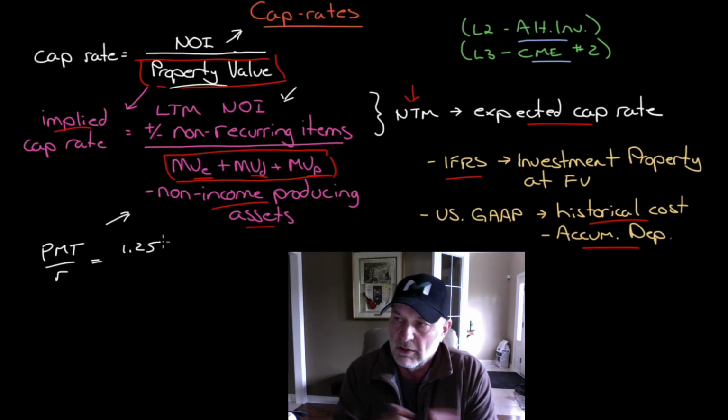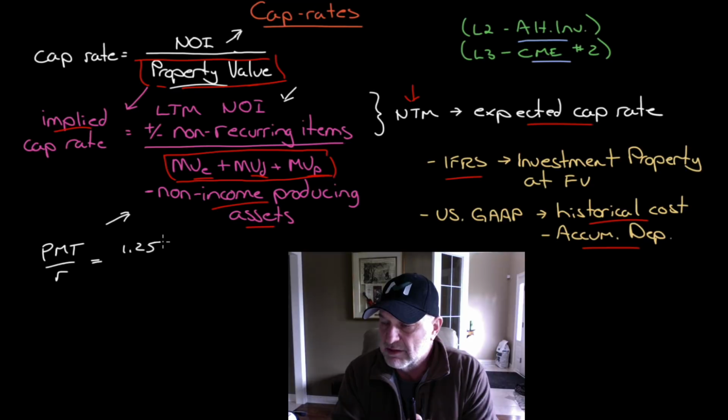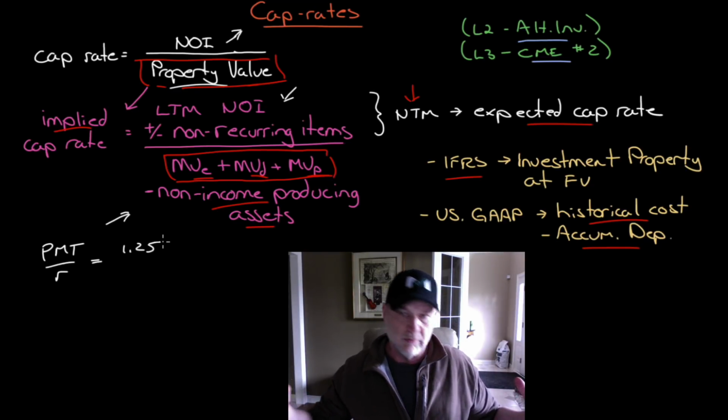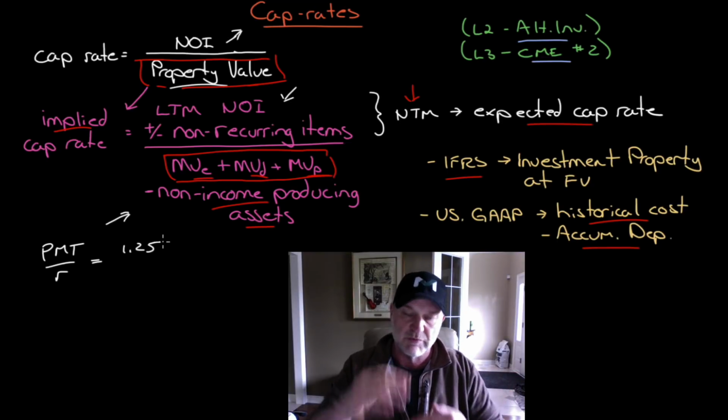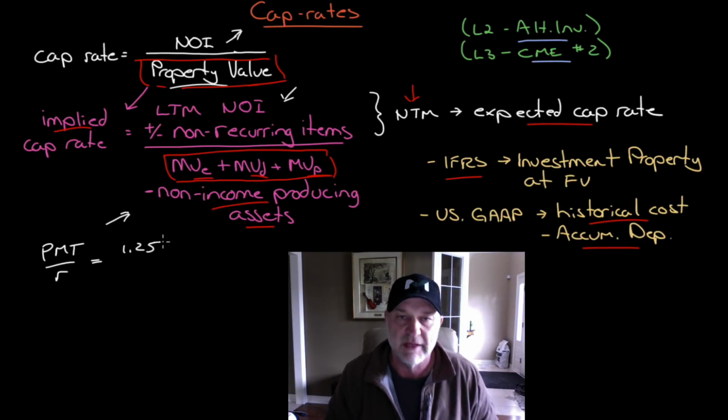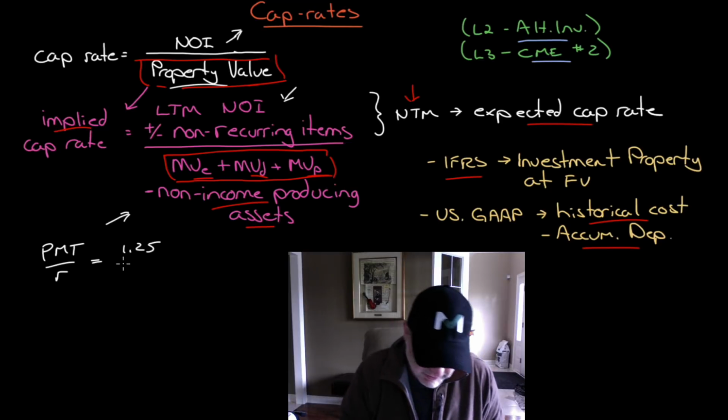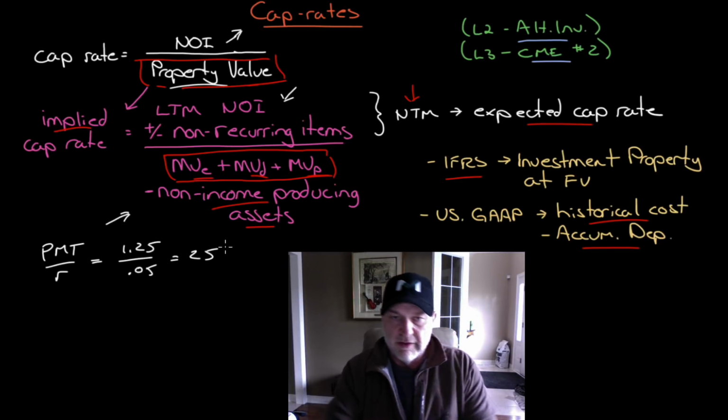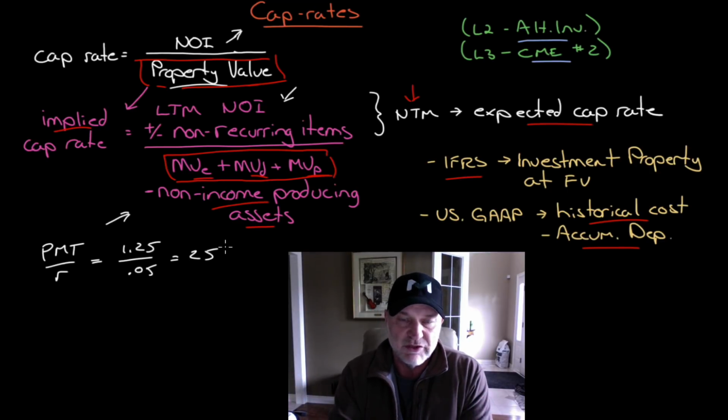And we say, look, based on the risk associated with that, what I can get in other places, what I can get risk-free, and the spread that I would like to see, I got to get 5%. I got to realize a 5% return. So if you divide that by 0.05, we find that if we pay $25 for that preferred share, we will realize a 5% rate of return on a stable perpetuity.